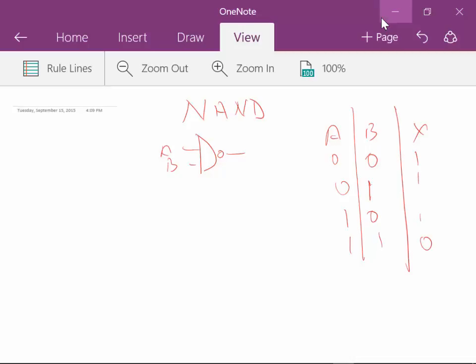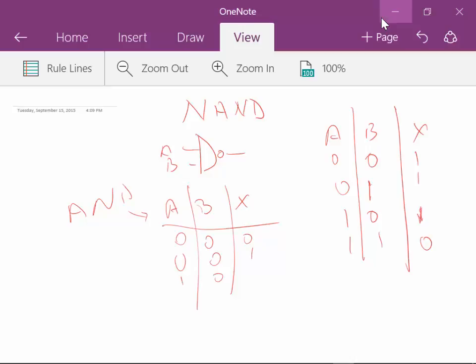So if you look at this truth table, if we look at the AND truth table, it's A, B, X. This is the AND right here. It's just simply this column inverted right there.